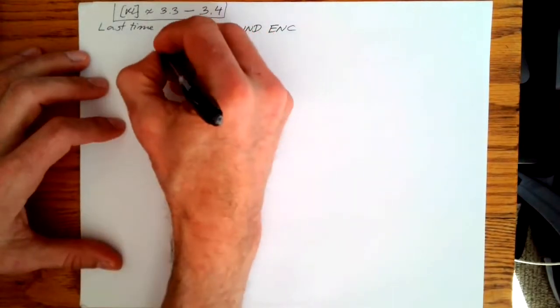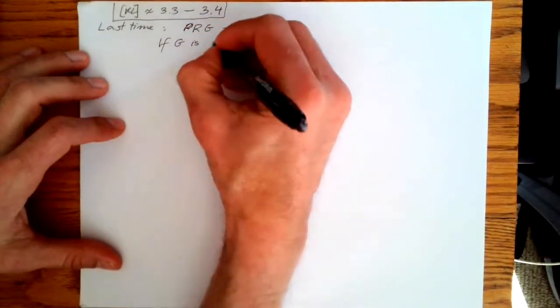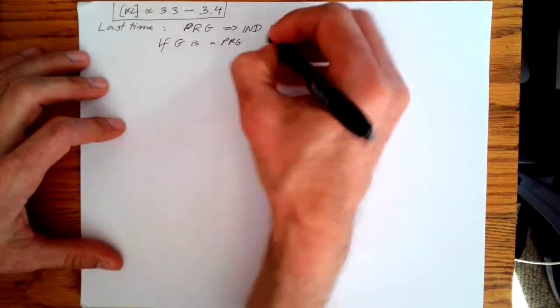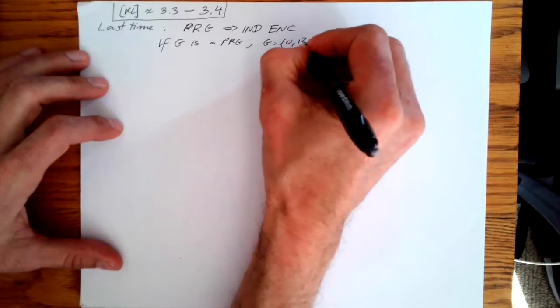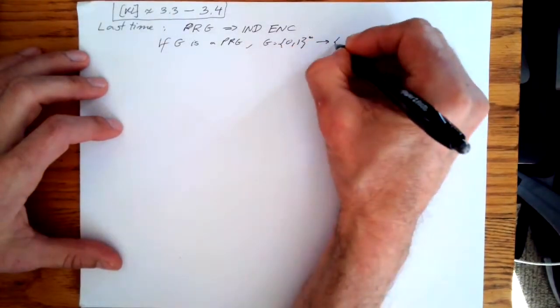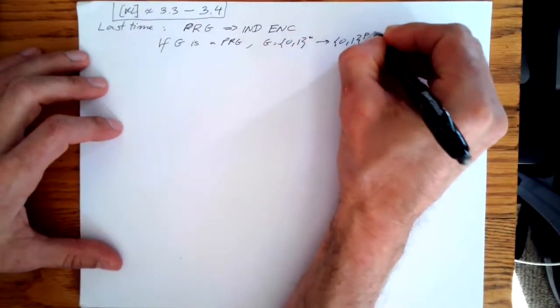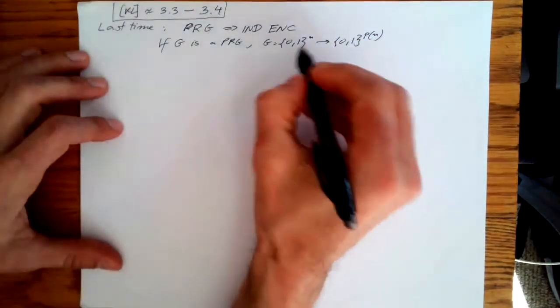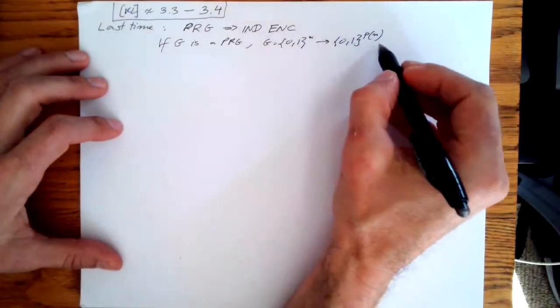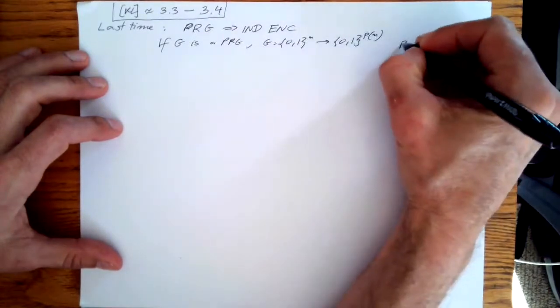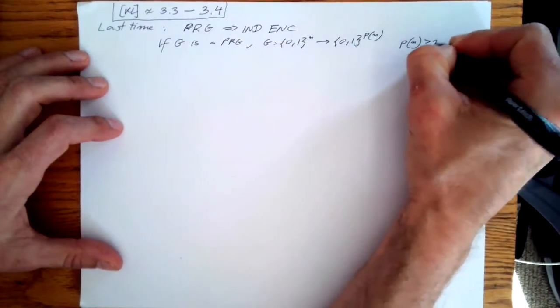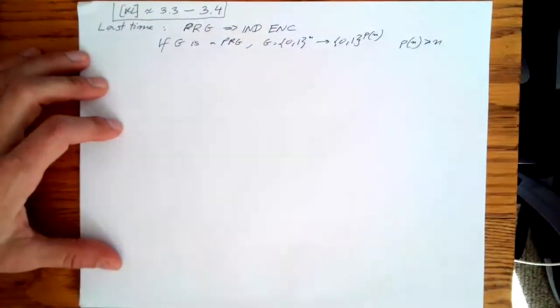Namely, if G is a PRG, which takes an n-bit random seed and outputs a p(n)-bit bit string, and the understanding is that this is always larger, this polynomial.